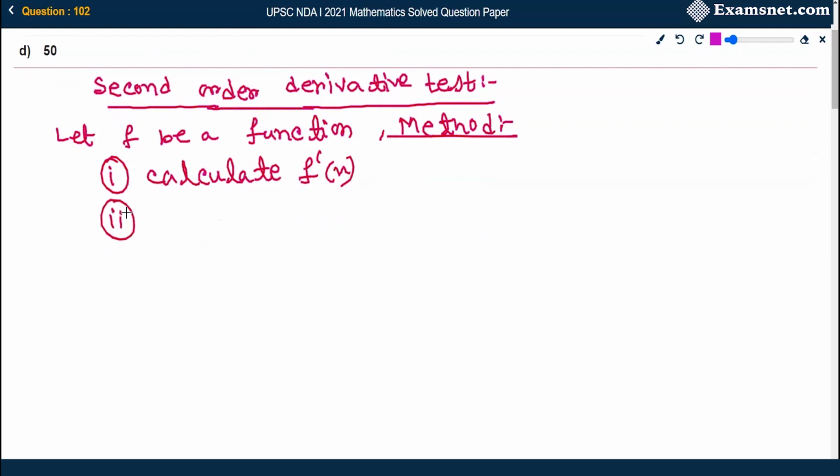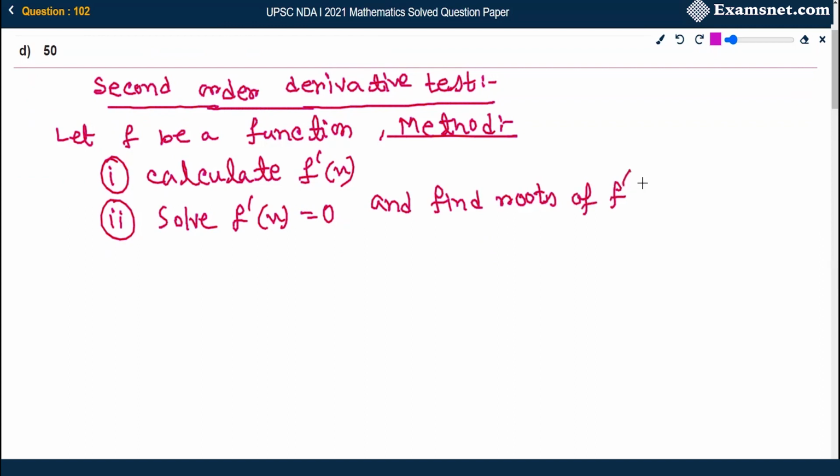Next, second step, we will solve f dash x equals 0 and find the roots of f dash x equals 0. Let's say the root I got is c.